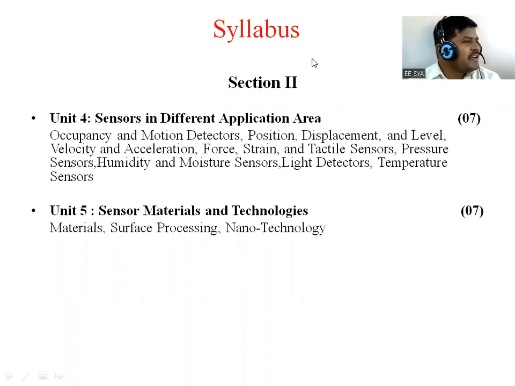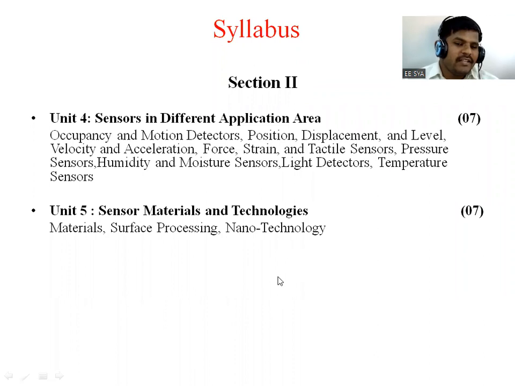Whether the sensor diameter is big or small: it is small. The sensor should not be in meters; it may be in millimeters or nanometers. So we want to use nanotechnology, different types of technology. Only these three points are in unit number 5.